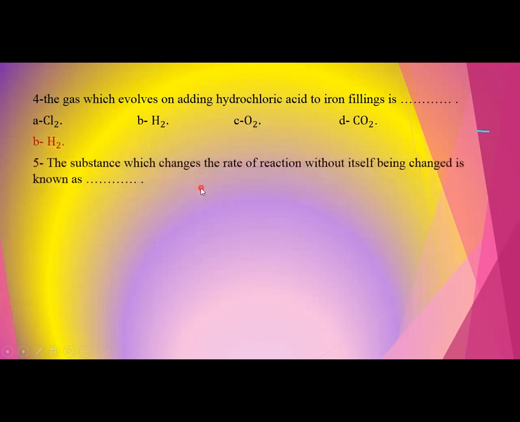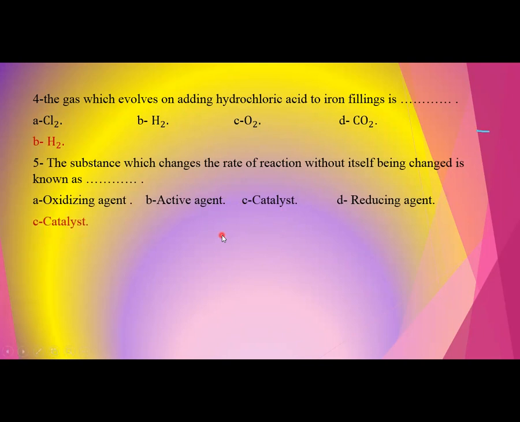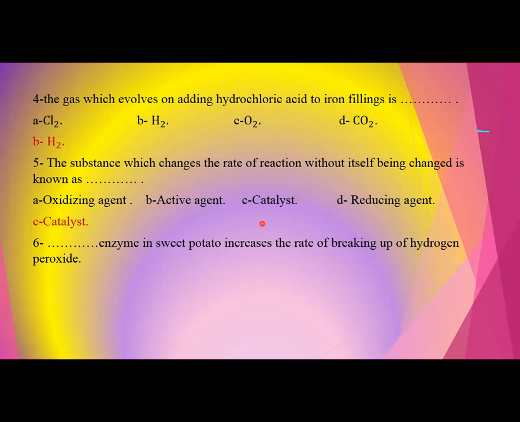Okay. The substance which changes the rate of reaction without itself being changed is known as... Who changes the reaction or the speed of reaction without interfering in the reaction? Of course it's the catalyst. That enzyme in sweet potato increases the rate of breaking up of hydrogen peroxide.